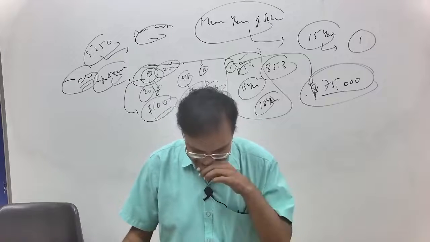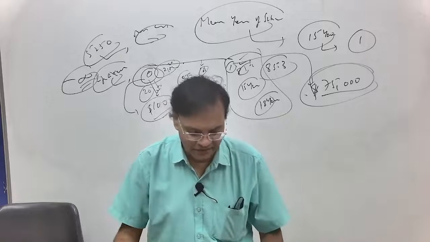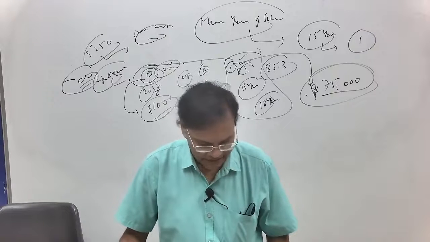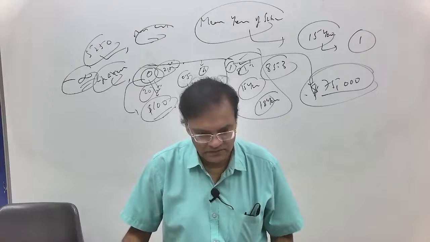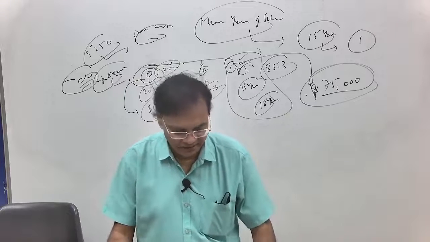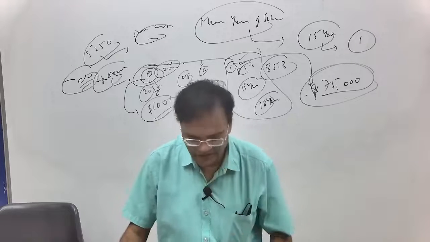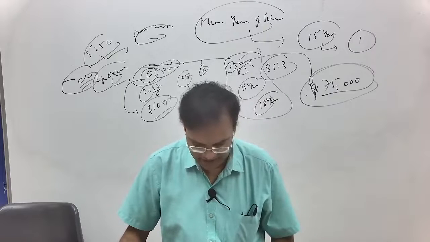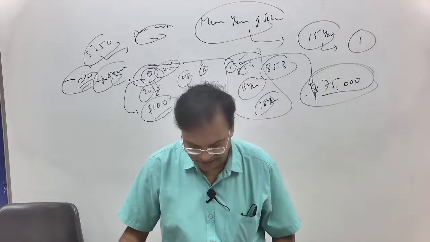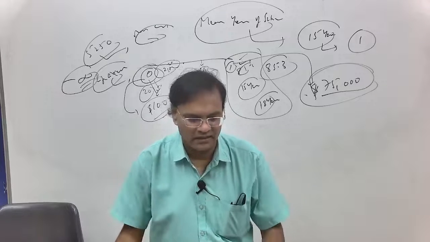Right. Then similarly, India's expected years of schooling is 11.9 years. The mean years of schooling is 6.7 years. Right?